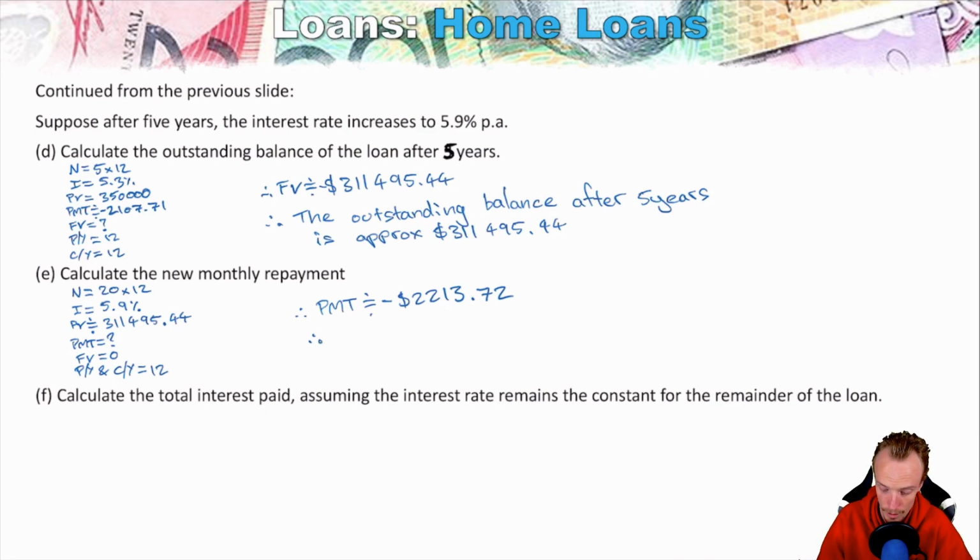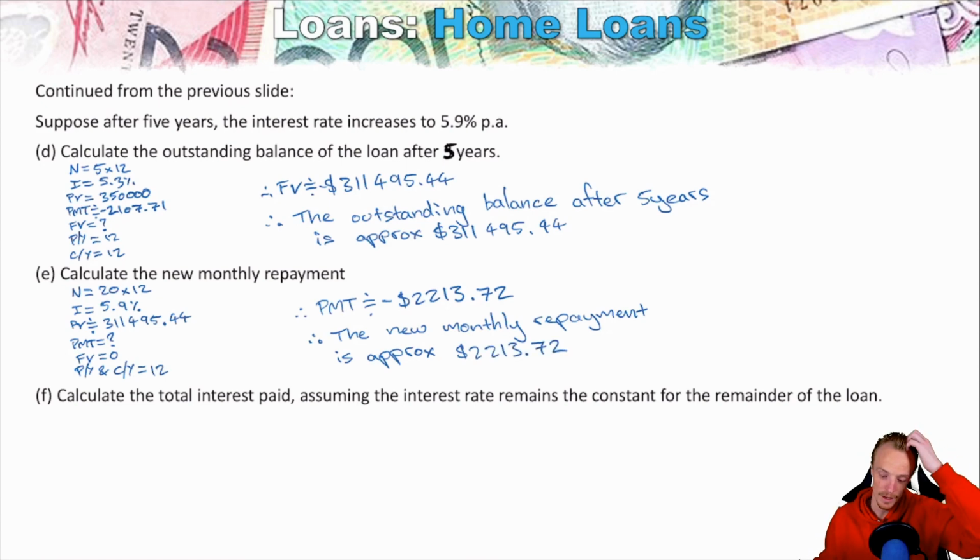So therefore the new monthly repayment is approx $2,213.72. So now we look at, because we've got how much we were paying for the first 5 years and how much we were paying for the remaining 20 years, we can now calculate the total interest paid.